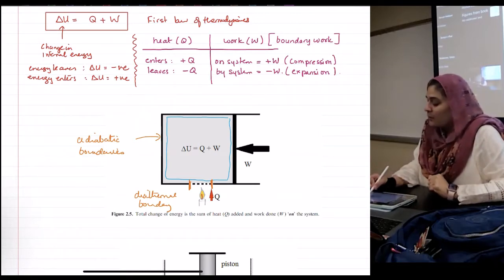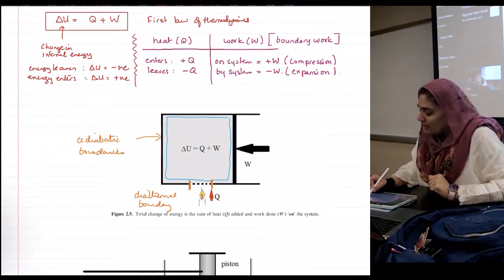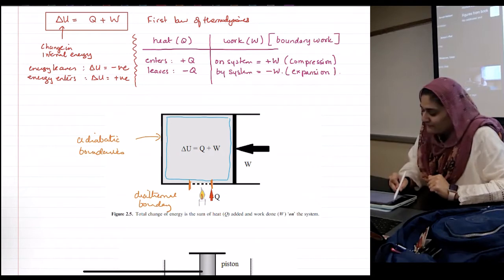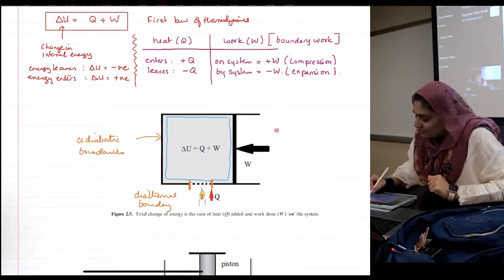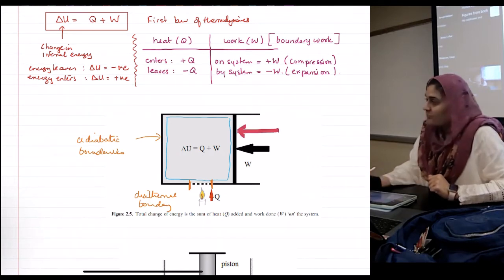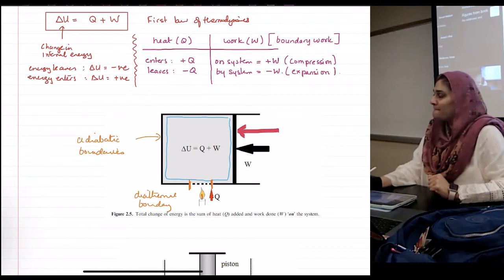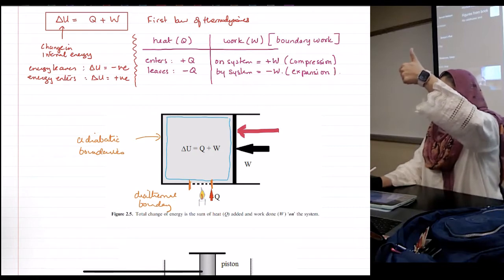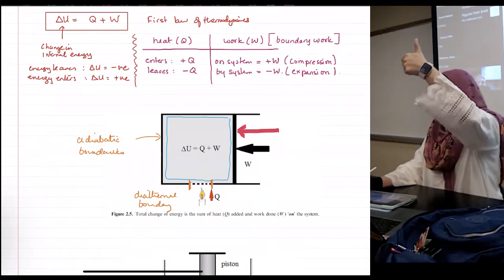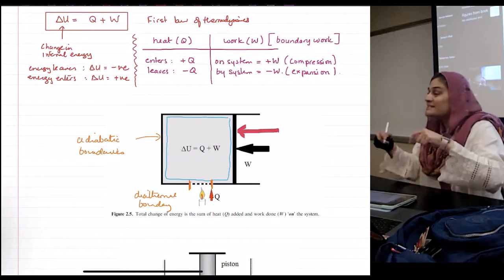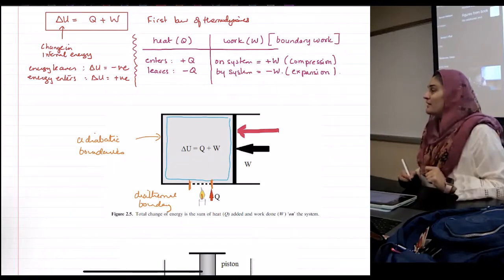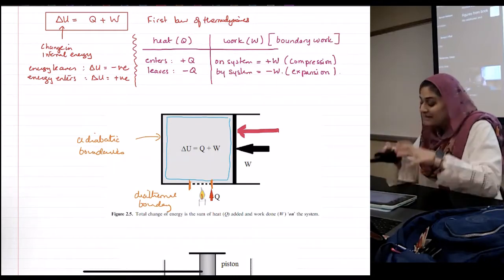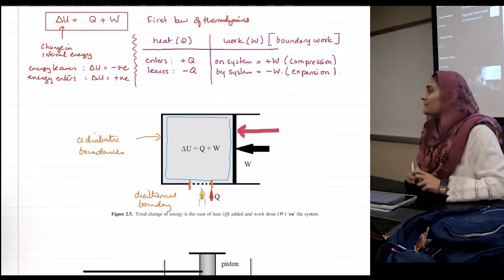Number two, when I do work on the system, that means I am pushing it in. What will happen to my delta U? What happens to my temperature? Make sense? This is the most logical way of remembering it. All you have to do is remember this table and this picture.